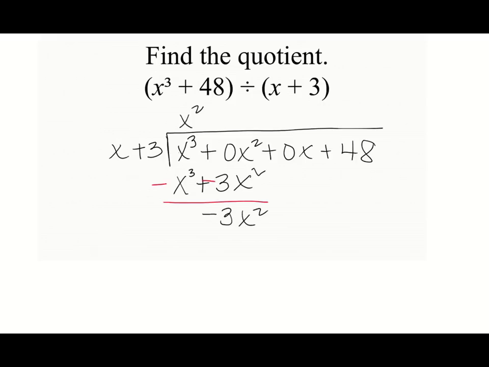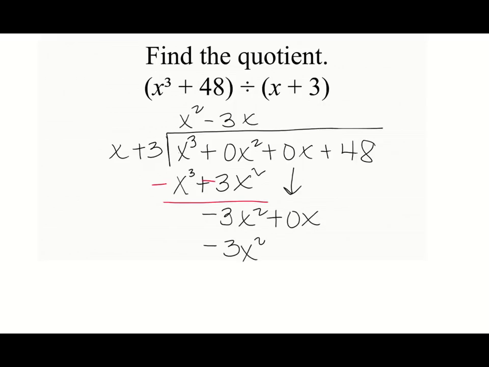We're dividing by a binomial, so we need to bring down a second term. And we want to look at our lead term here. So we have negative 3x squared. Well, what's negative 3x squared divided by x? We have negative 3x. So we multiply that in. Negative 3x times x is negative 3x squared.